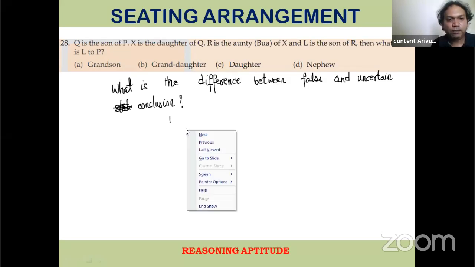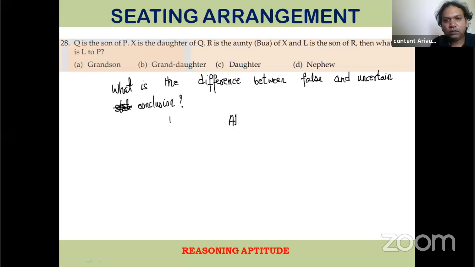Let's say: all birds are flowers. All birds are flowers. And some flowers are trees.